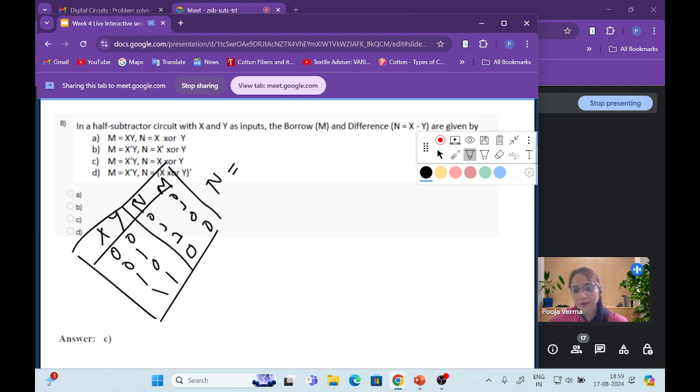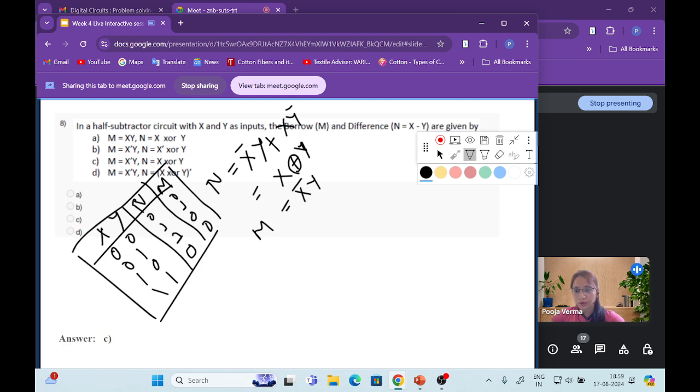Now let's see the Boolean expression for the difference. The difference is an XOR gate: X XOR Y means X'Y plus XY', the XOR representation. Now for borrow, the expression is 1 at 01 only, so X'Y.